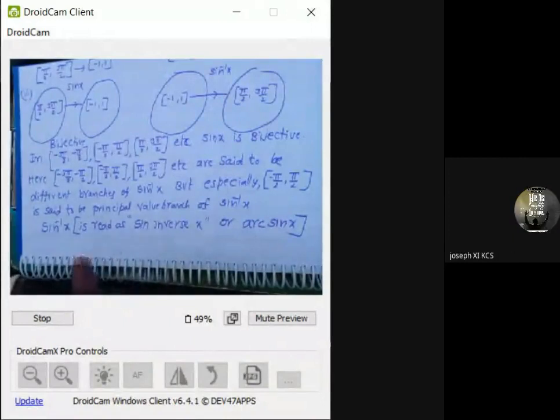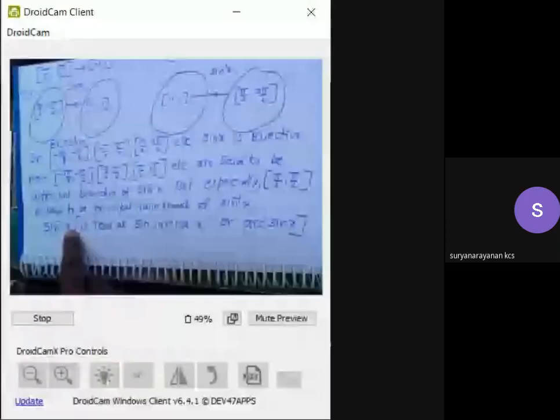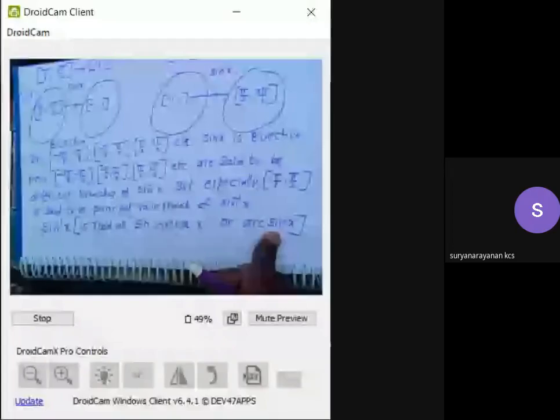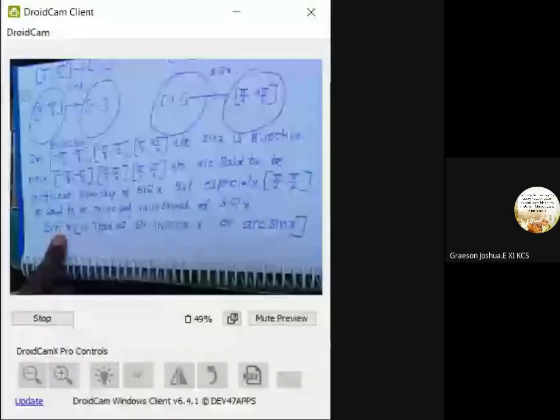Sine inverse x, sir. Yes, this symbol is read as sine inverse x or arc sine x. Okay. Grayson, read this one. Sir, it's read as sine inverse of x or arc sine x, sir.